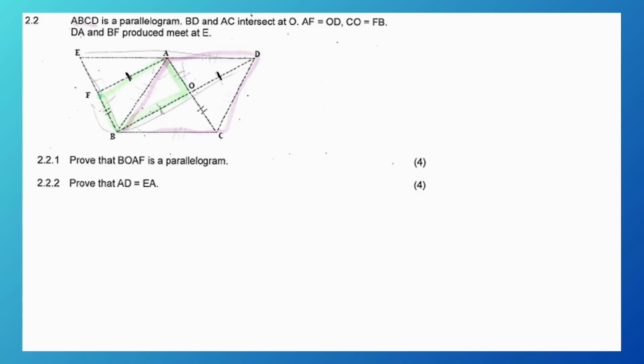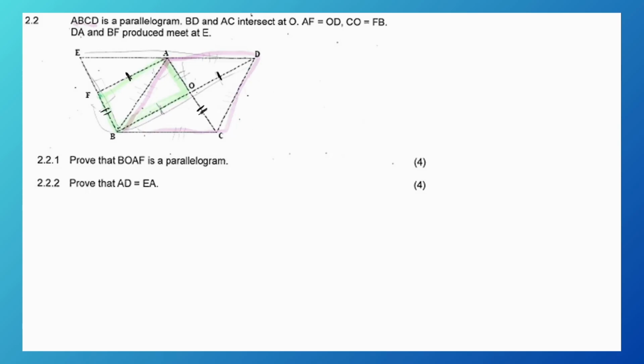Then they tell you BD and AC intersect at O. We should know that's a midpoint, the midpoint of this line as well as that line. Then AF is equal to OD, as well as CO is equal to FB. Those were the pieces of information they gave you.